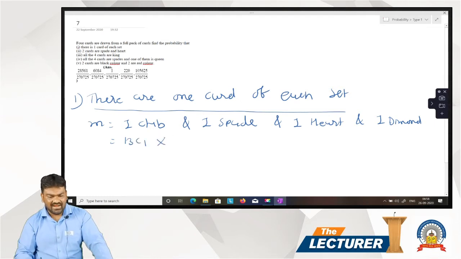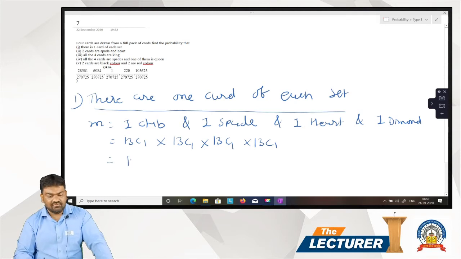One spade card. Out of 13 spade cards, one will be selected. One heart card. Out of 13 heart cards, one will be selected. One diamond card. Out of 13 diamond cards, one will be selected.